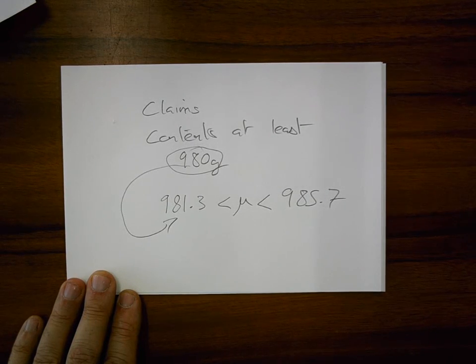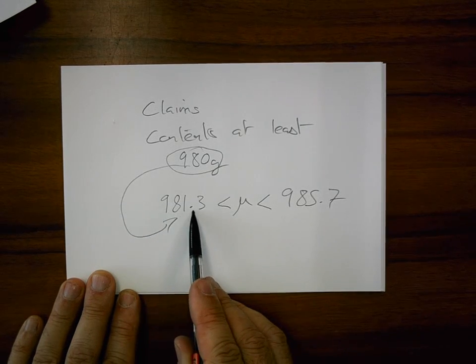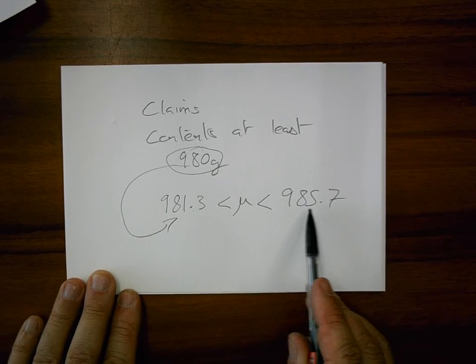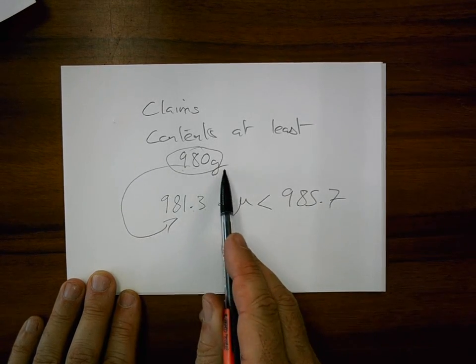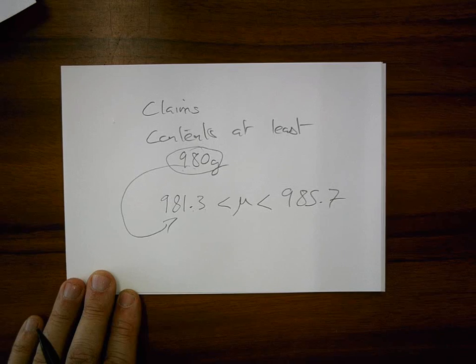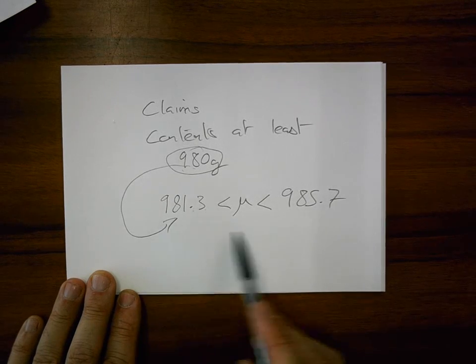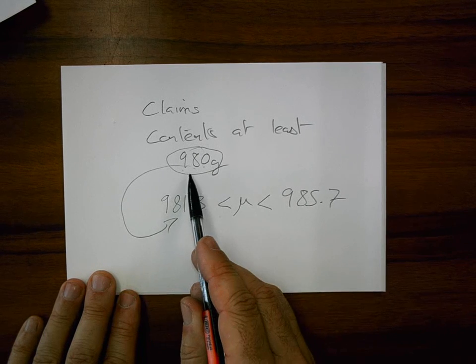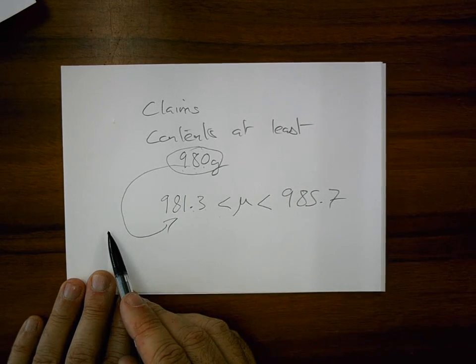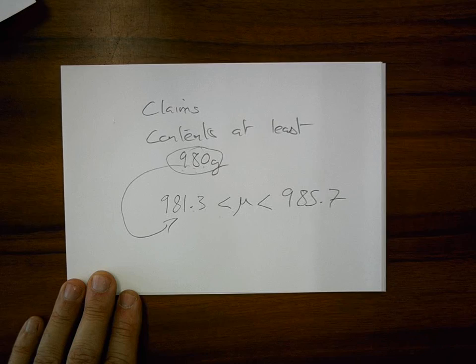We are 95% confident that the population mean lies between 981.3 and 985.7. And so when they claim contents at least 980, we are 95% confident that our value is above that. So because this falls below the lower margin, we are happy.